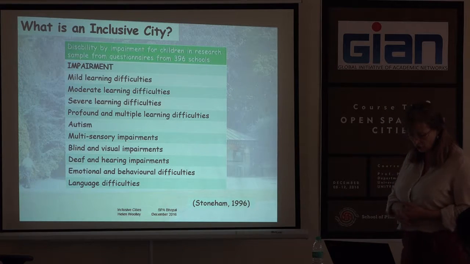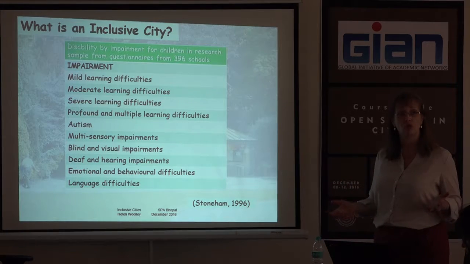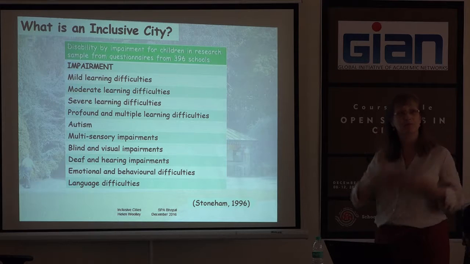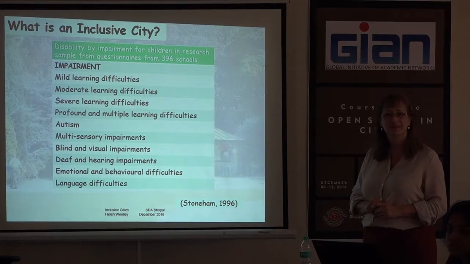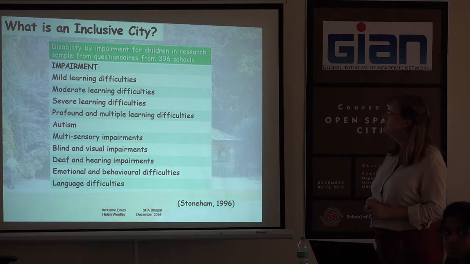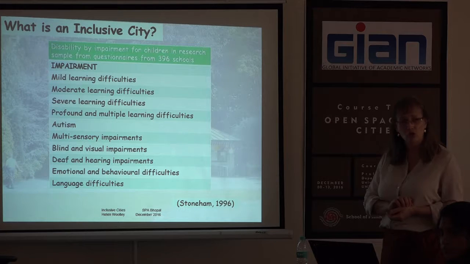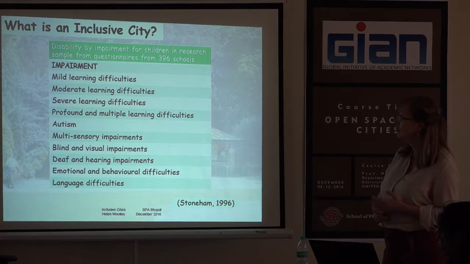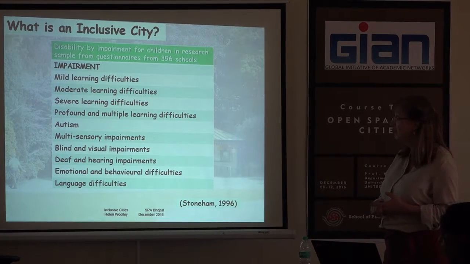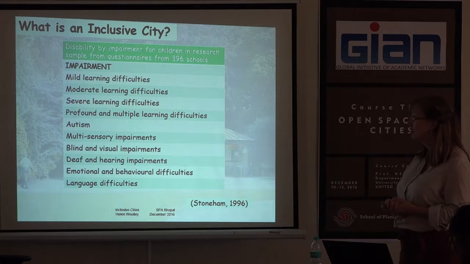Now, there was a piece of research done that did questionnaires around schools, so specifically about children, nearly 400 questionnaires. And this research was asking what sort of impairments did these particular children have. And it talked about mild learning difficulties, moderate learning difficulties, severe learning difficulties, and some children having profound and multiple learning difficulties.